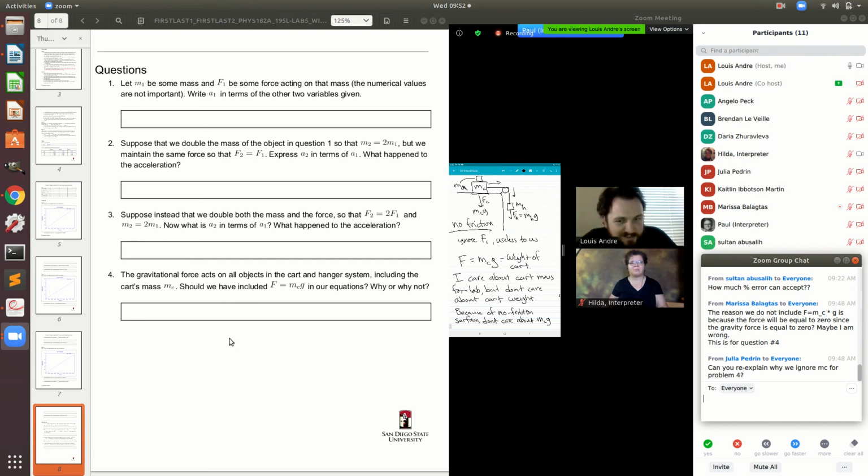Okay, so that's essentially it. mcg does not point in the correct direction, the direction that would actually change the motion of the system. The only way that Fc could have any effect on the motion of the system is because of friction, and there's no friction. So, in short, we do not care about Fc or mcg. I called it Fc. Does that make sense? Hopefully.